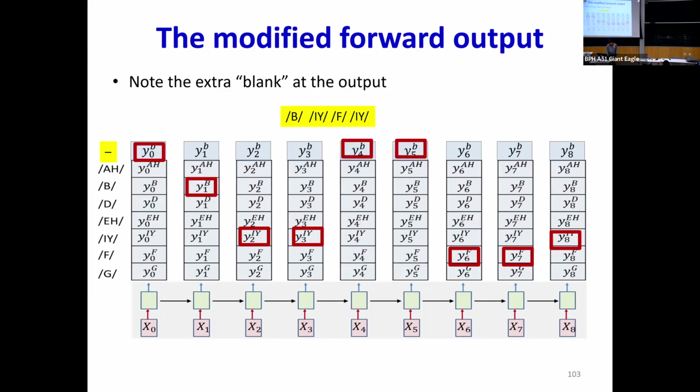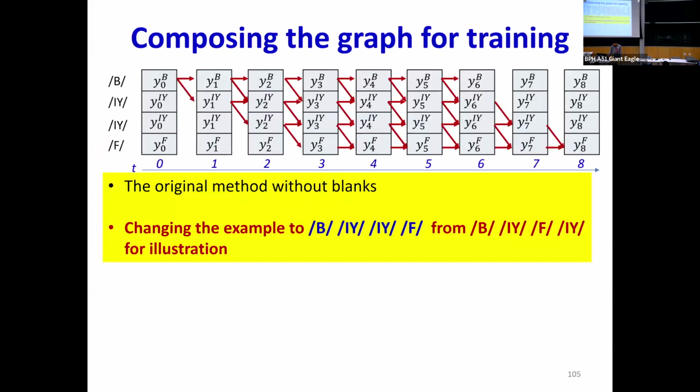On the other hand, if my most likely outputs at each time were this one, then what is that going to compress to? It's going to be the same thing, still beefy, right? But now I have these blanks which were not seen. But what about something like this? Yeah, double F, right? So you can see, you get the idea, right?